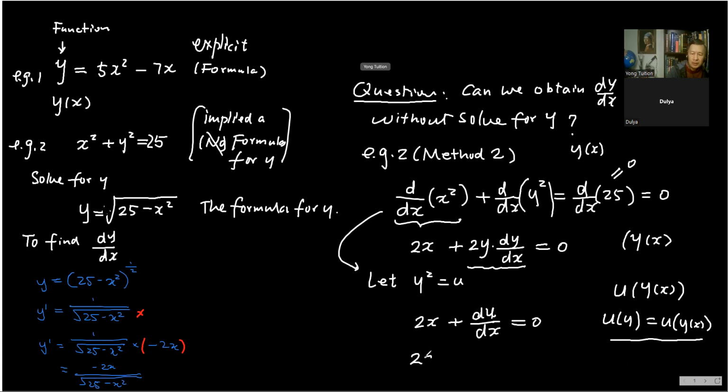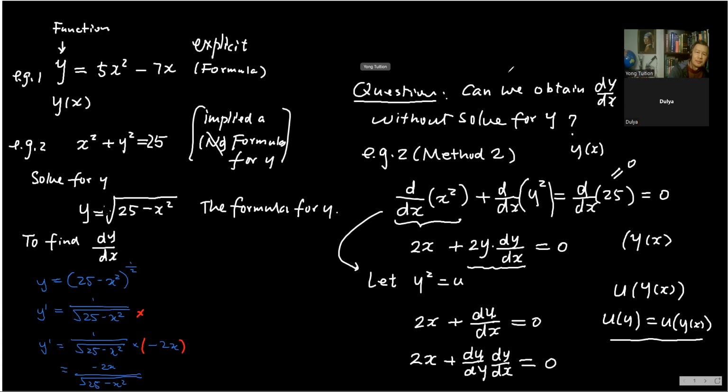Okay, we got 2x plus du/dy times dy/dx equal to 0. Okay, can you see this solution now? Can you find the solution now?